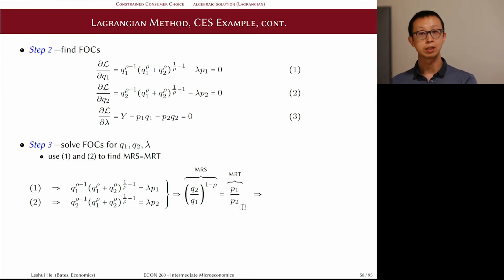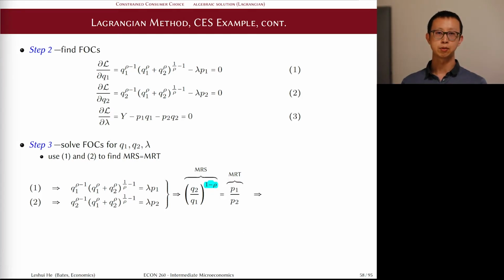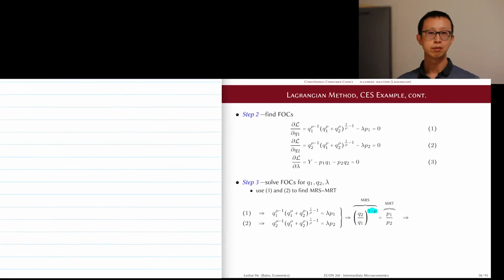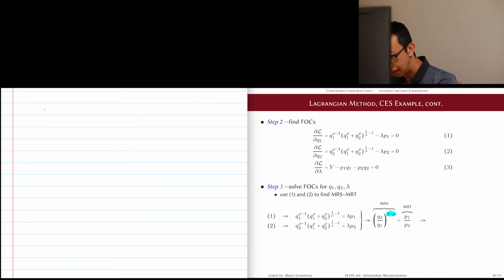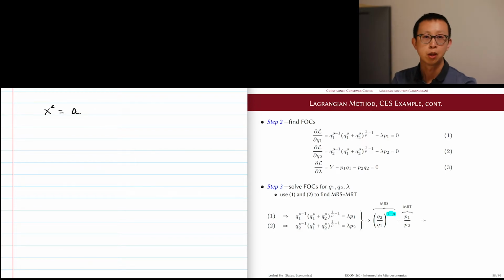So first, we need to get rid of this power on Q2. At this point, it is perhaps useful to remind you of some algebraic rules on power operation. Let's say that we have a function x squared is equal to some constant a, where x is the unknown, and on the right-hand side a is greater than 0.